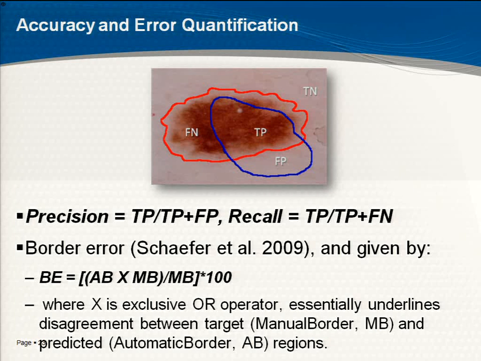After creating these segments, we compare what is automatically obtained from the algorithm, which is blue in the sample, with the image manually drawn by a dermoscopy specialist, the red one. We find the precision, and also there is another measure for the border, and we use that.